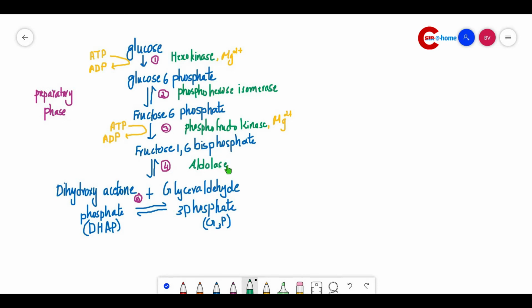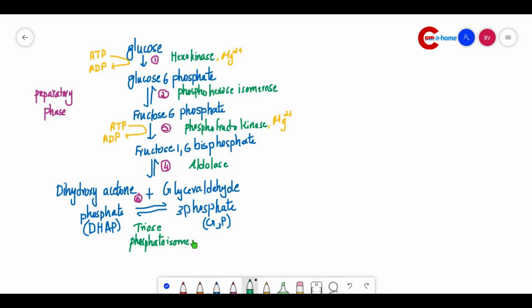We can call it fructose 1,6-bisphosphate aldolase. The reaction is aldol condensation. And this dihydroxyacetone phosphate can be converted into glyceraldehyde 3-phosphate, and glyceraldehyde 3-phosphate can be converted into dihydroxyacetone phosphate, with the help of an isomerase, that is triose phosphate isomerase. The enzyme is isomerase, so what will be the reaction here?